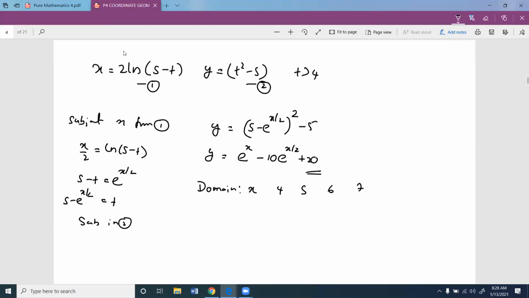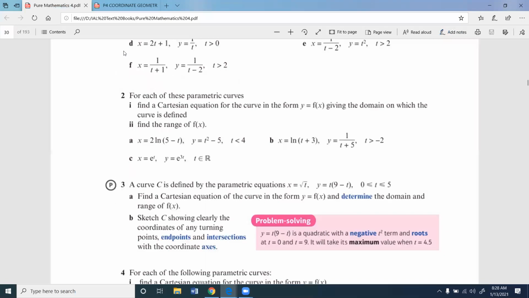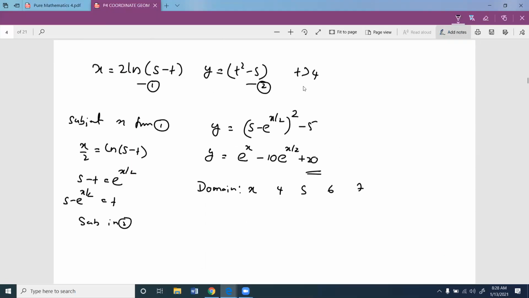We will see whether here the range is a problem. One second. T is less than 4, not greater than 4. Yeah, that's it. It should be less than 4.